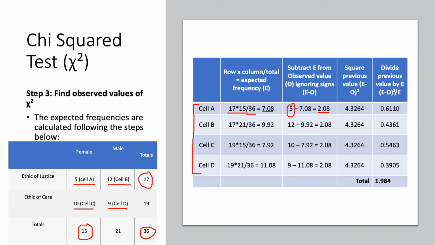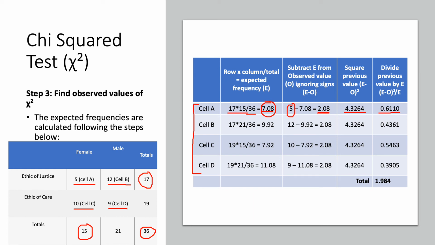It doesn't matter which way you do it, because what we do with this section is we ignore all of the minuses. So obviously you know that 5 minus 7.08 is actually minus 2.08, but we ignore all of the minuses. So we would just put 2.08 instead of minus.